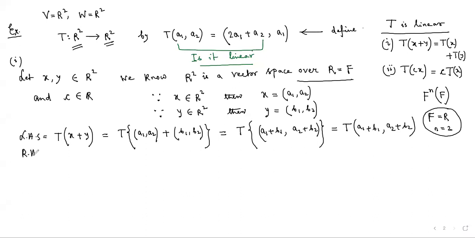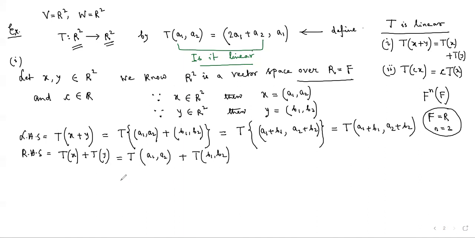Now let's talk about the RHS. Now in RHS we have TX plus TY. If I substitute once again the form of X, we can write it as A1 comma A2. I'm not using too many brackets because these are confusing, and here I am writing Y as B1 comma B2.